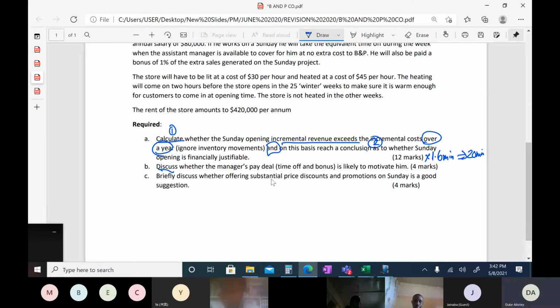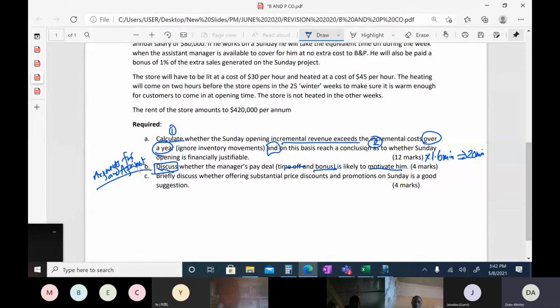whether the manager's pay deal, his time off and bonus is likely to motivate him. Now, the verb discuss means arguments for and against. So what is the argument in this that will motivate him, and what part of it will be against his motivation?